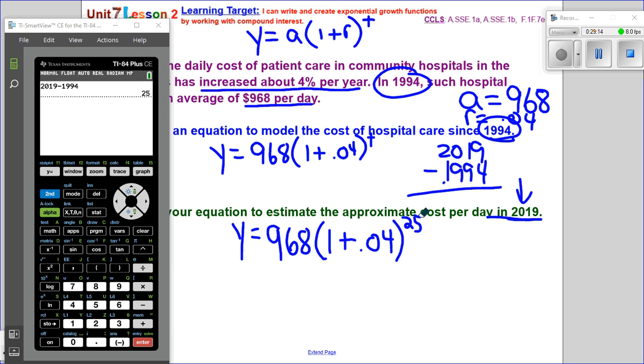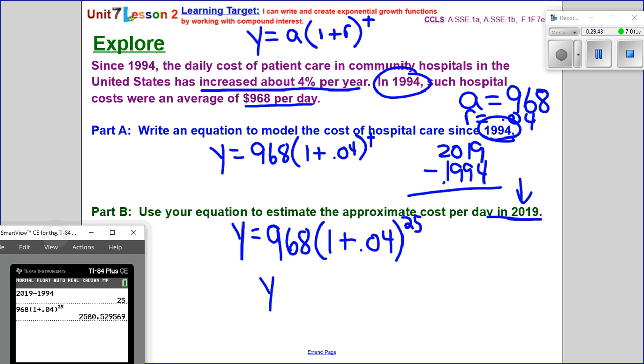And I'm going to go back to the trusty calculator, and I'm going to put 968 times, in parentheses, 1 plus the rate, which is in decimal form, and to the 25th power. And that's my number. Use your equation to estimate the cost per day.